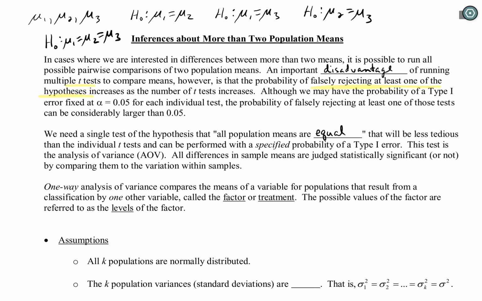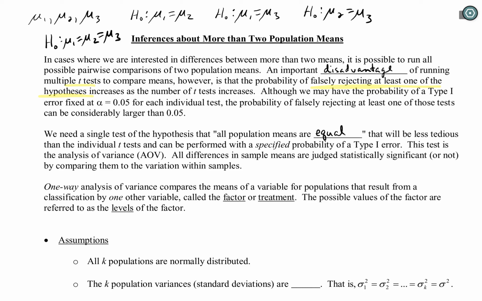The test that does that for us is called an analysis of variance test, abbreviated AOV in our book. This procedure looks at differences in sample means, and they are deemed statistically significant or not by comparing them to variation within samples.